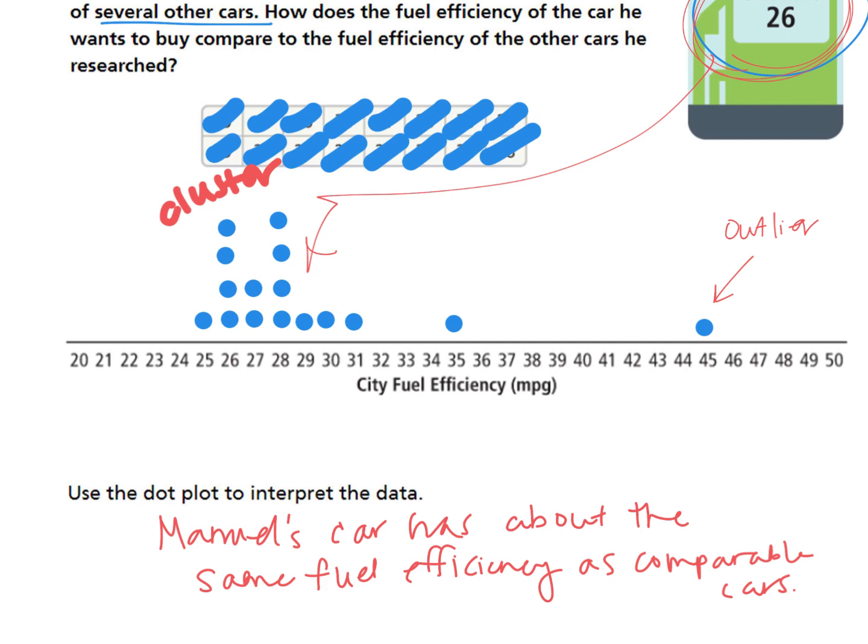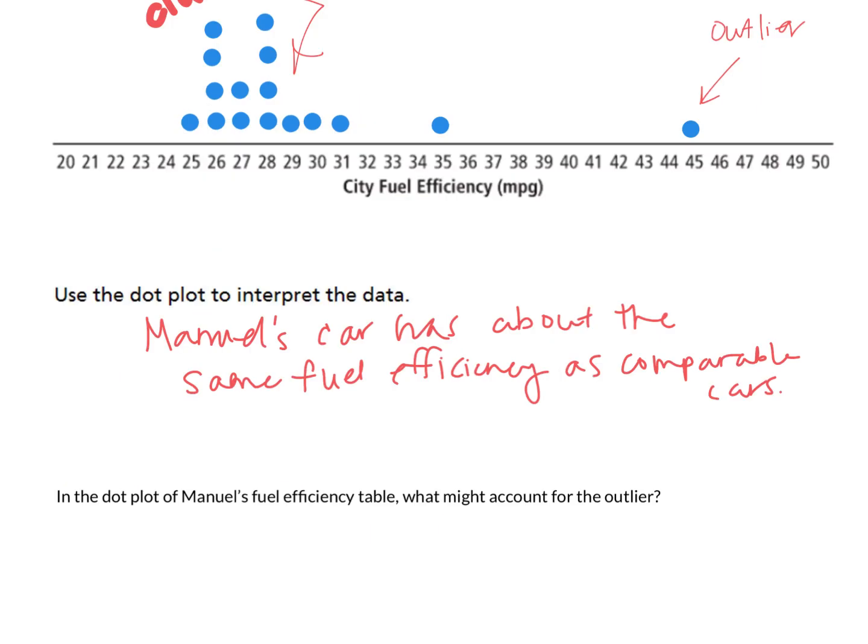One thing you might want to just think about or wonder about is, well, what's with this car over here, the one that had 45 miles per gallon? So of all the research he did, what kind of cars might have a fuel efficiency of 45 miles per gallon? And does it make sense that that would be an outlier with the rest of the cars he was looking at? So these are going to be your cars that get a lot of miles per gallon.